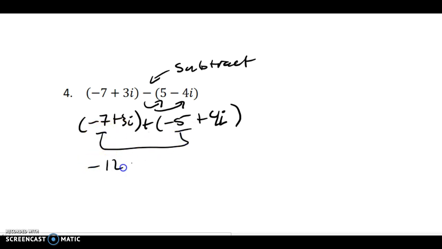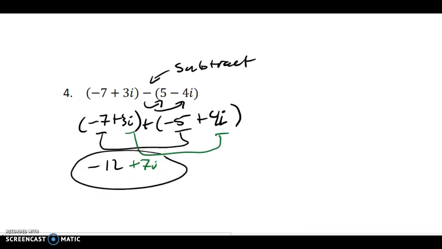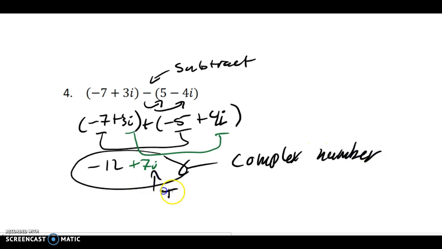So we get -12 and 7i. We're done. That's it. You can't put those together. This right here is called a complex number, whereas this i is called an imaginary.